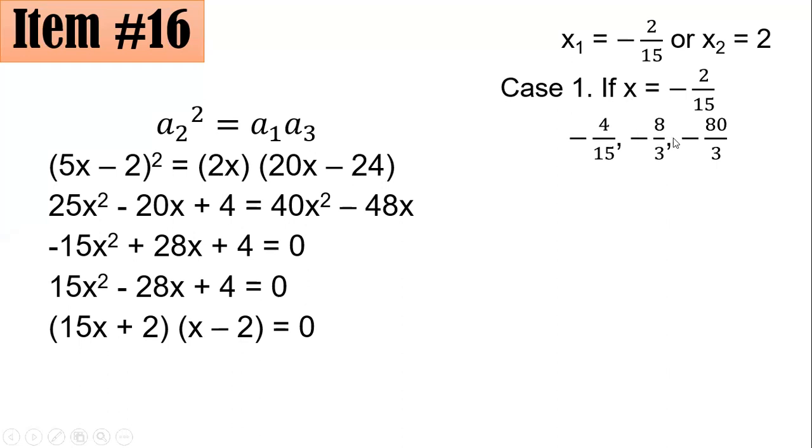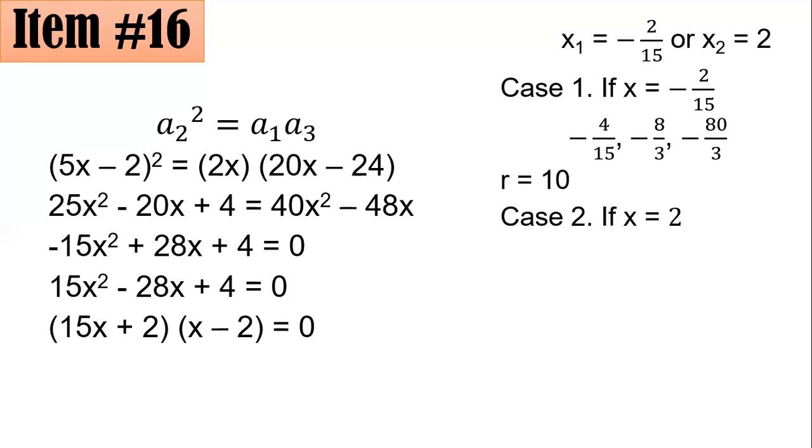The second term will be negative 8/3, and the third term will be negative 80/3. If you get the common ratio, you will divide the second term by the first or the third term by the second, and you will see that the common ratio here is 10. So therefore, x equals negative 2/15 makes this a geometric sequence.